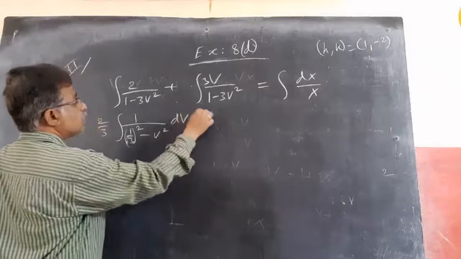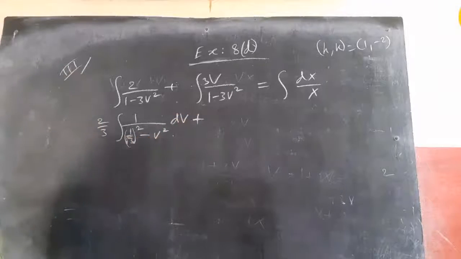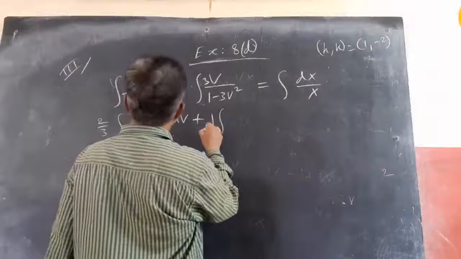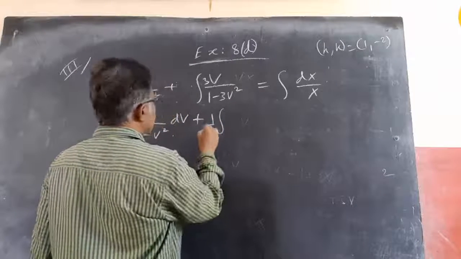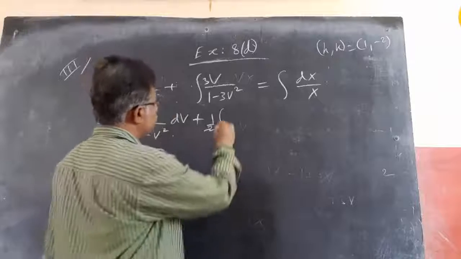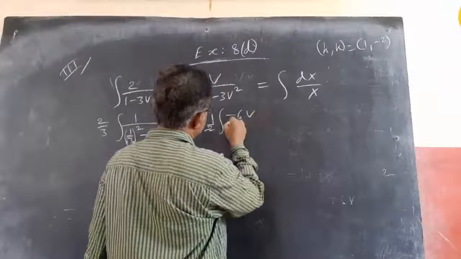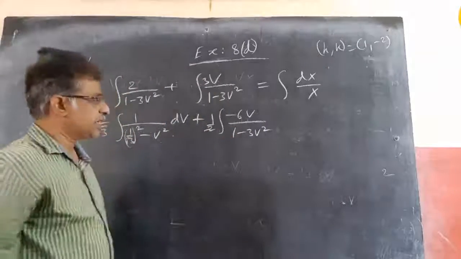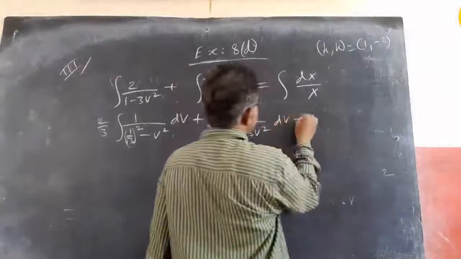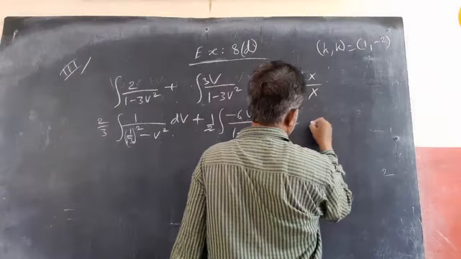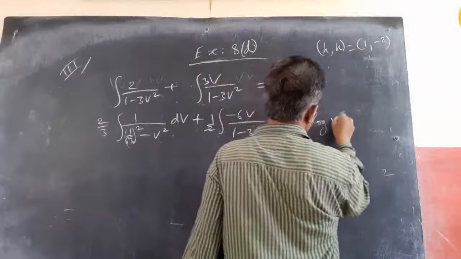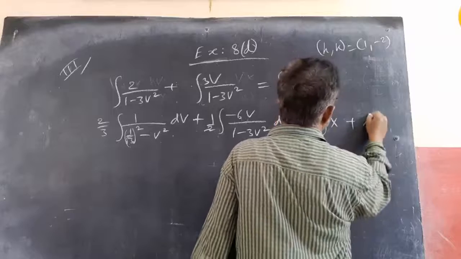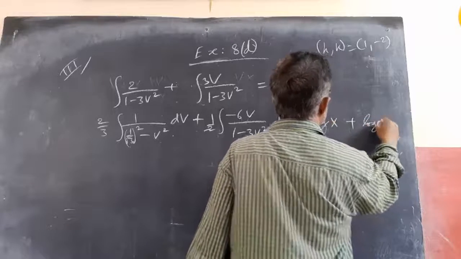And here, 1 by minus 6 into minus 6v by 1 minus 3v square, so this is f dash x by fx. And the integral of 1 by x is log mod x plus c, or you can write log c as a choice of writing. So I will write log c.